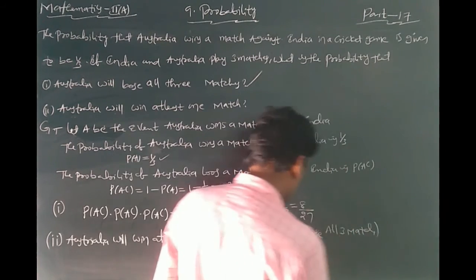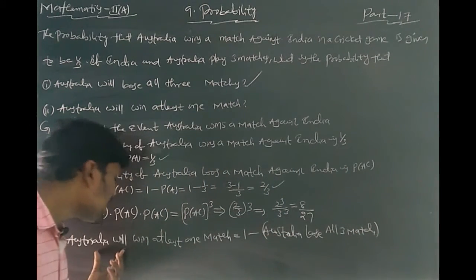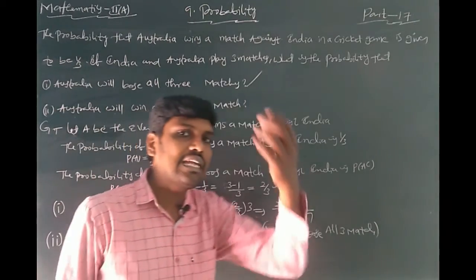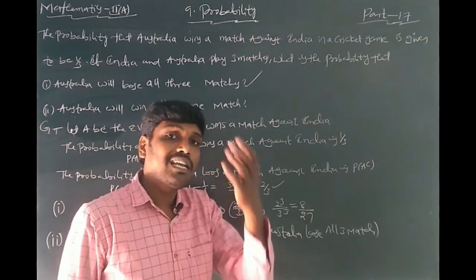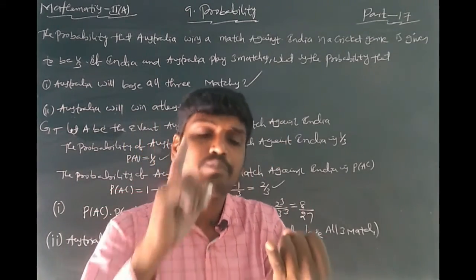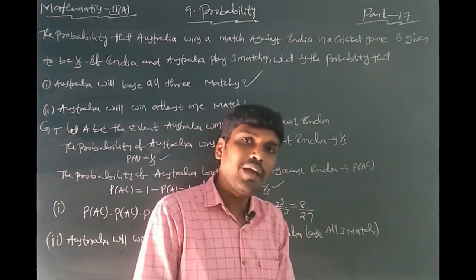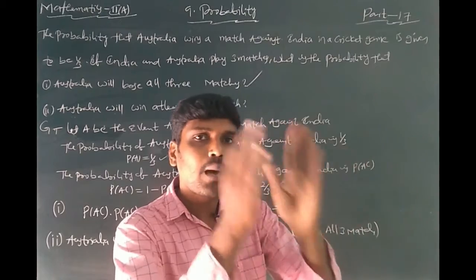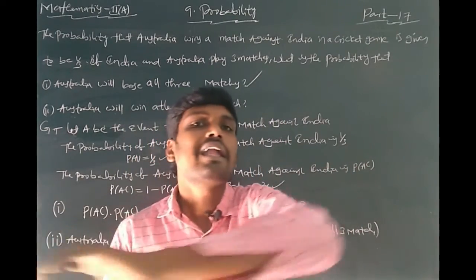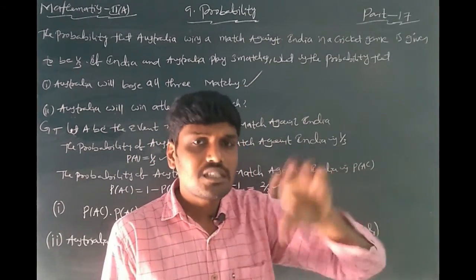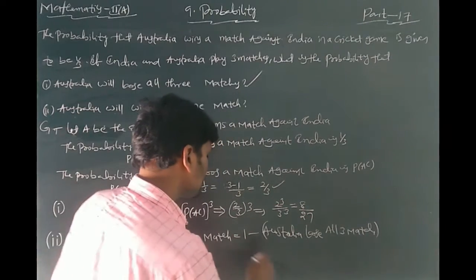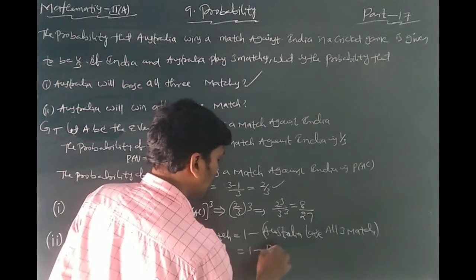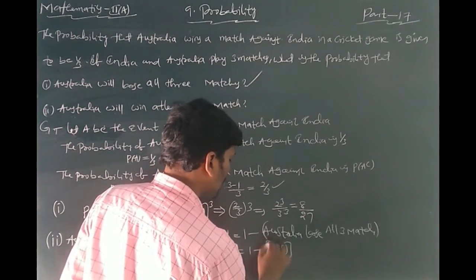Understood or not? The probability that Australia will win at least one match means winning one match, or 2 matches, or 3 matches. That equals the total probability minus the case where India wins all matches, that is Australia loses 3 matches. That's why you can write 1 minus P of A complement whole cube.